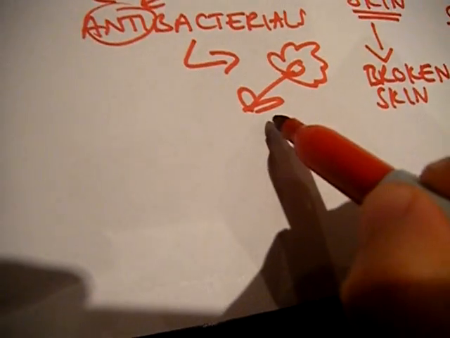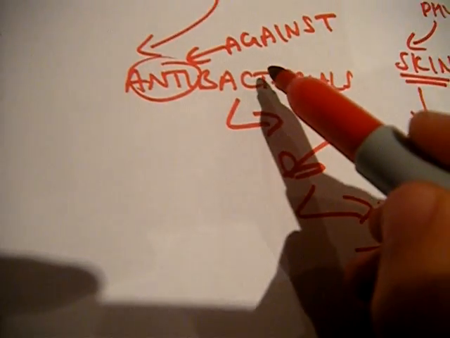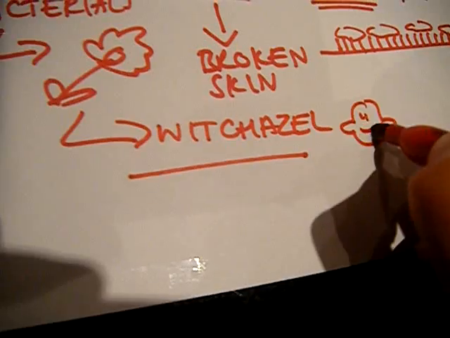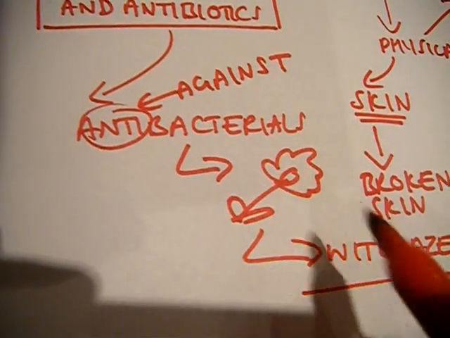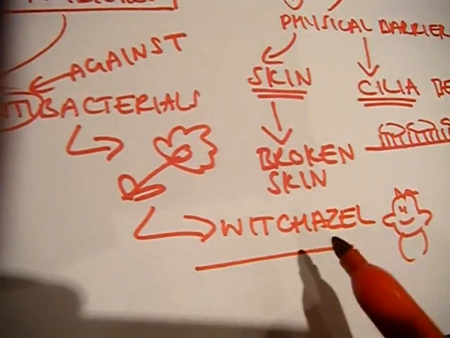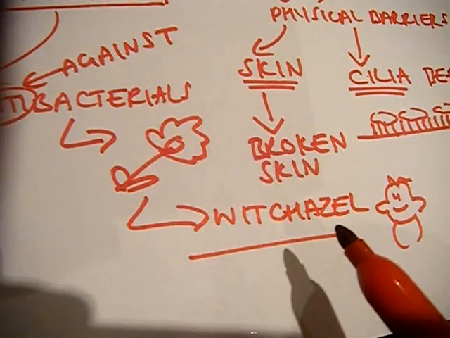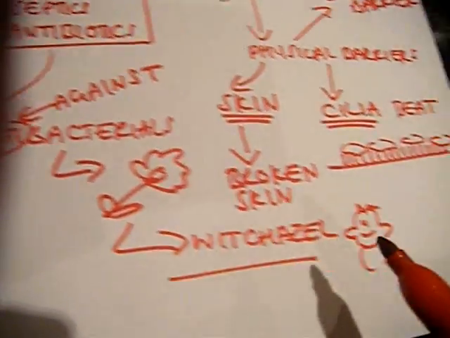An example of this would be witch hazel. Which is an antibacterial that we humans use, but which comes from plants, and we use it to kill bacteria. It's in spot cream, it's in antiseptics, it's in all sorts. But that's an example of an antibacterial that a plant has that we use.